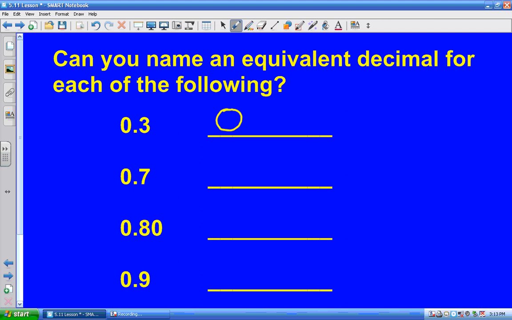Did you lose your place? Okay, Brooke, what do you got? 0.3? That's what I already got. I need another one. 0.30. All right, we'll get Tiffany to try on the next one.